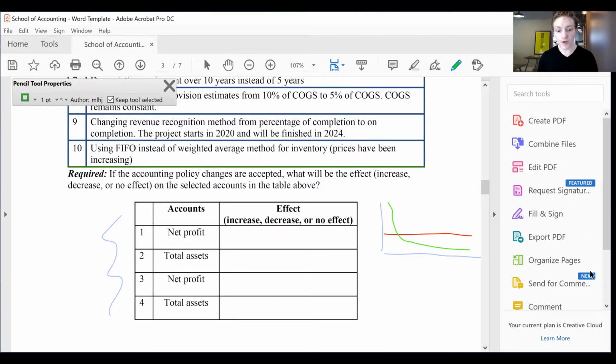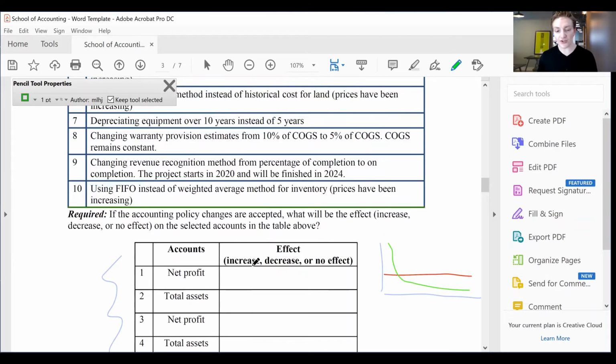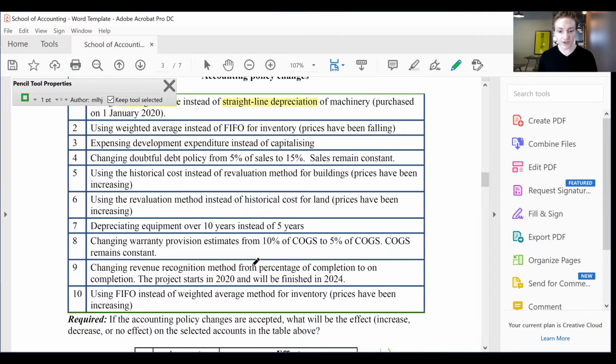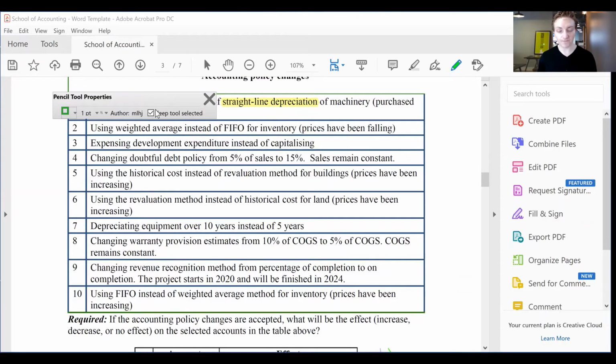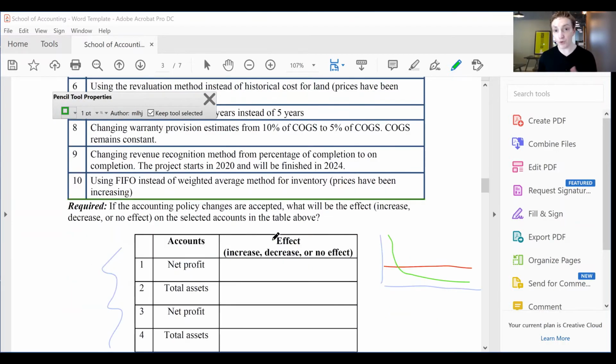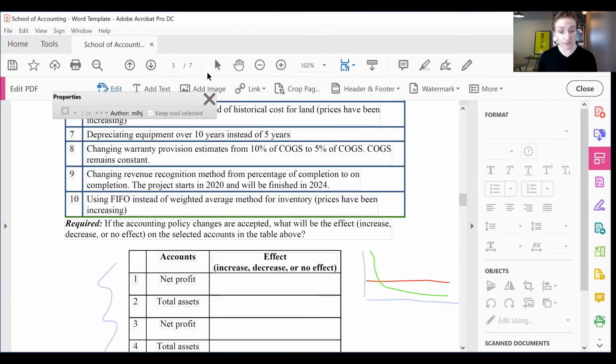In any case, when you do this reducing balance depreciation, you get more depreciation to begin with and less at the end. So at this point, what we're being asked is what is the impact of making this change on the current year's accounts? And we'd be changing to using reducing balance rather than straight line. So unsurprisingly, because we would have here more depreciation expense, we're going to reduce our net profit. So that's going to ultimately result in net profit being lower because our expenses would have gone up.